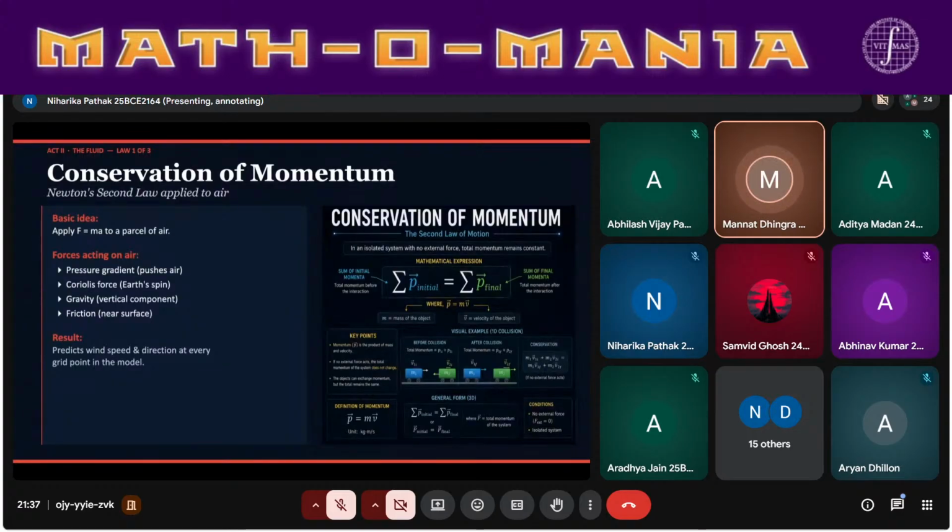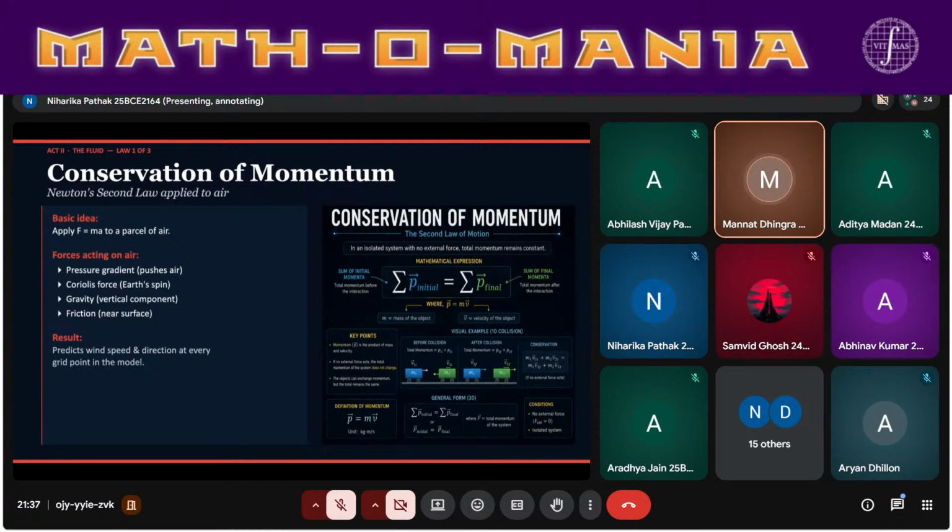Conservation of momentum basically comes from Newton's second law. As we have learned, Newton's second law is about conserving momentum, and a very famous equation is also given, which is force is equal to mass into acceleration, which I have mentioned in the slide.